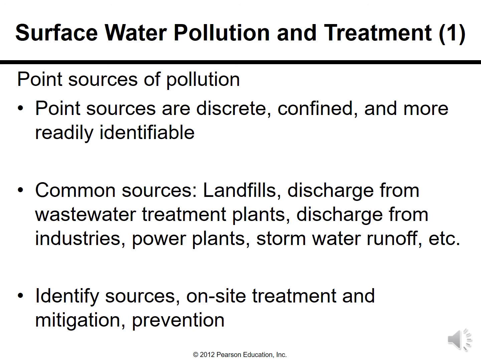Since they are point sources, you can identify where it is happening and what the source is. Then you can use different techniques to figure out where this pollutant is moving, and you can stop that if you know the path of the movement.